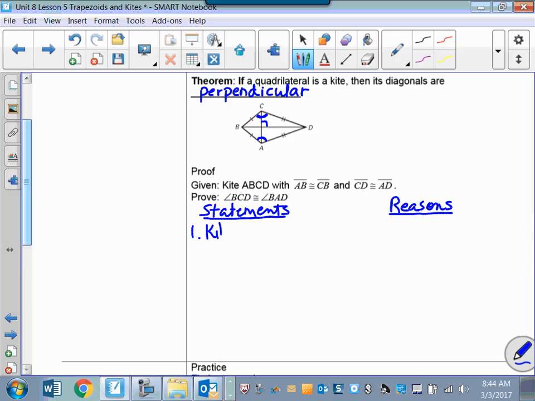kite ABCD with AB congruent to CB and CD congruent to AD. That's given.